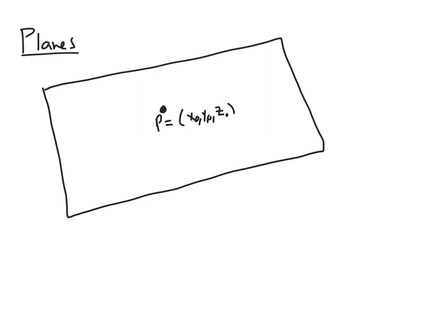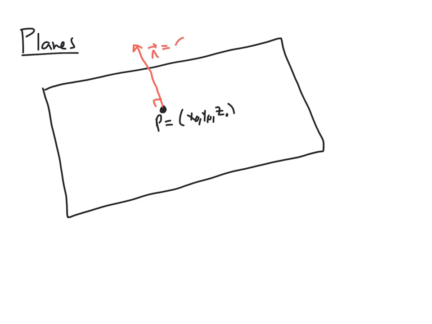The other thing I need to know is a vector that is normal to the plane. And this is going to be called the normal vector of the plane. And so a normal vector, remember, normal just means perpendicular or orthogonal. And so I'm going to draw that in red. I'm going to draw a little right angle there. So if you think of the plane as being flat, this vector n is going to be shooting straight up.